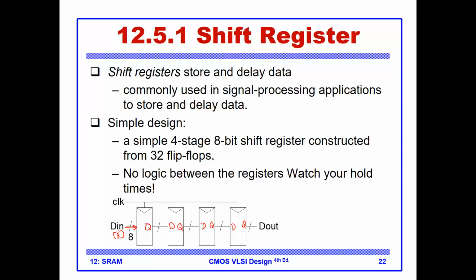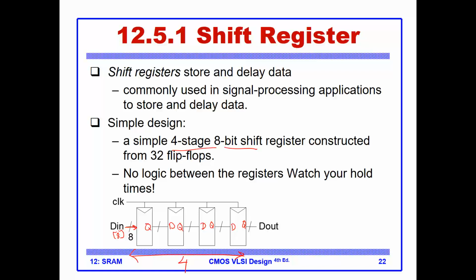So in this case, this shift register has a depth of 4 cycles. And you can have as many register levels as you want. In this case, we say that we have a 4-stage 8-bit shift register.